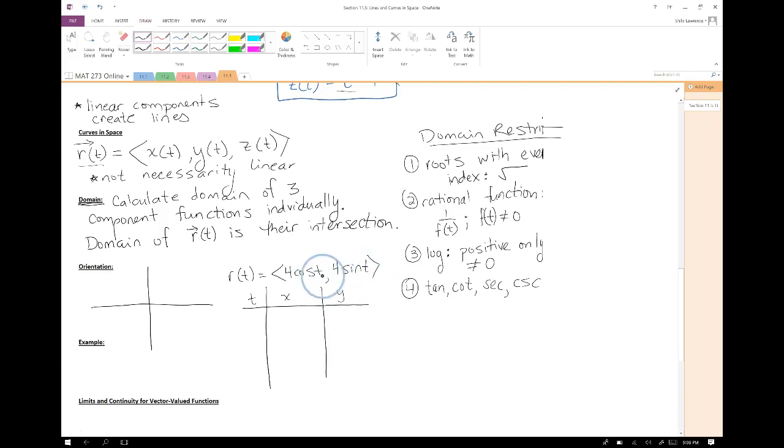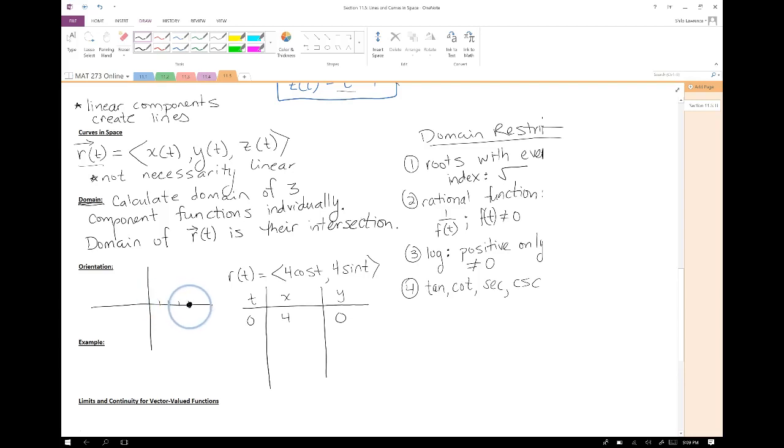Since my t is inside of a trig function, I'm going to pick some values that it's easy to take sine and cosine of. So if t is 0, we're going to get an x value of 4 and a y value of 0.